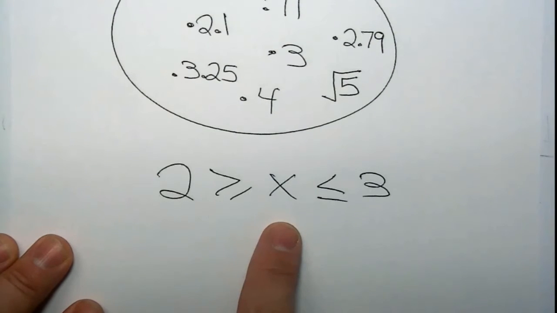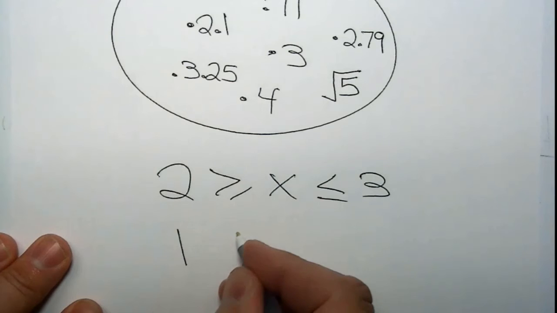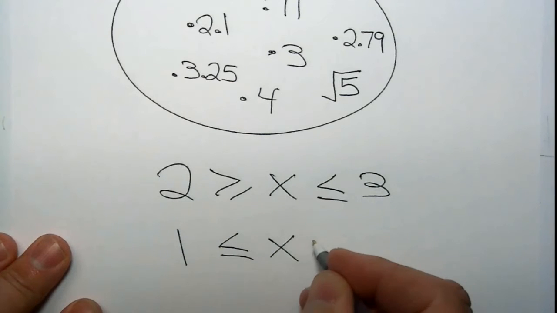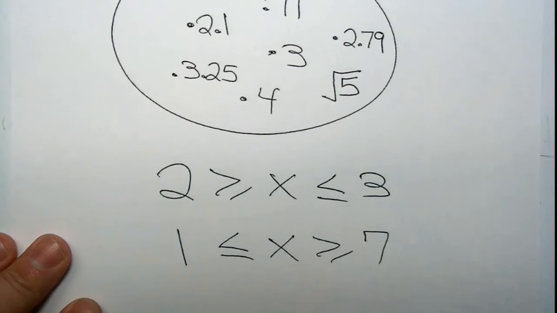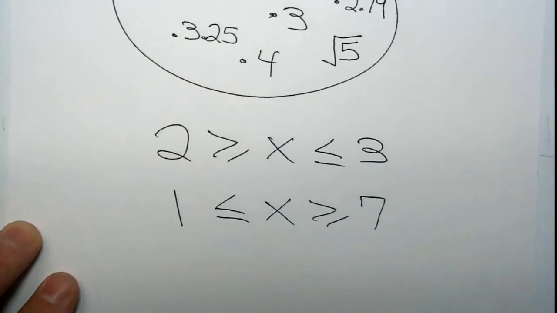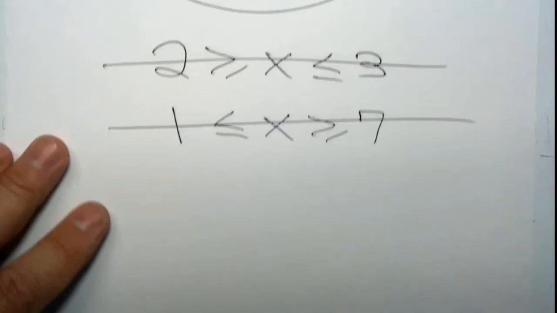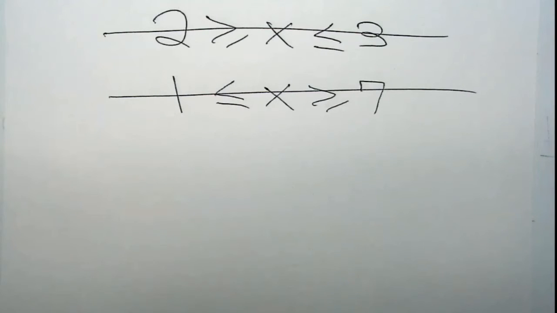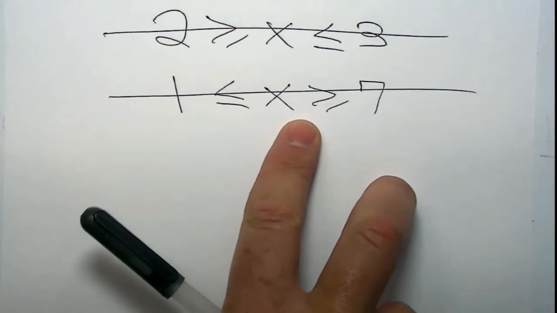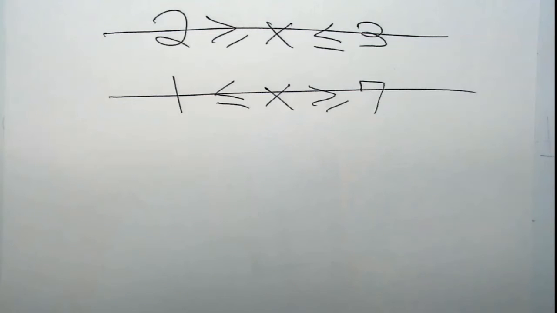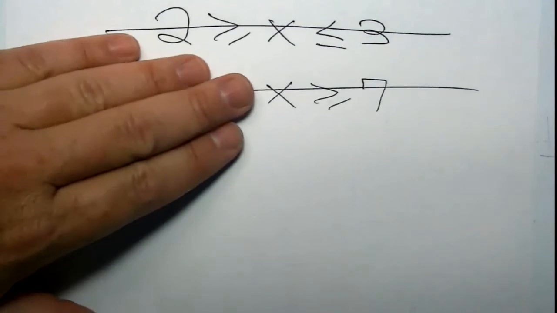That doesn't really make much sense. Neither does this. In order to be a double inequality, both of the inequalities have to be true at the same time.